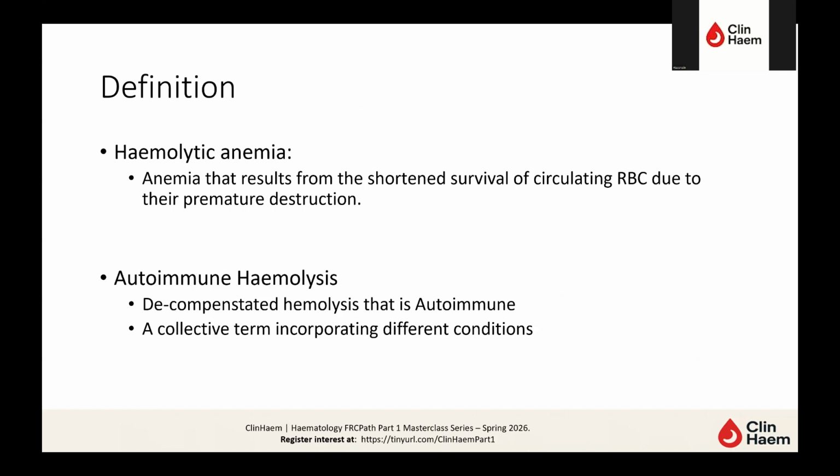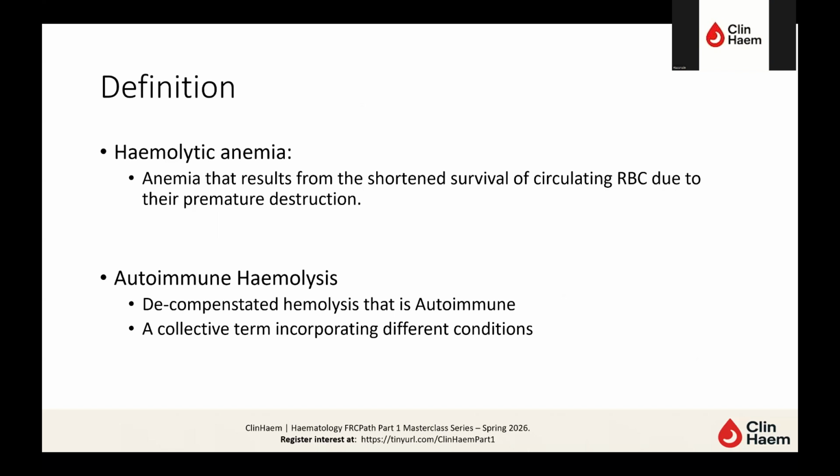Autoimmune hemolysis is, of course, decompensated hemolysis that is autoimmune. The body would develop an autoimmune response against one or more of the antigens present on the red cell, and that would lead to production of autoantibodies, which would clear these cells, causing breakdown either extravascularly in the liver or the spleen, or intravascularly within the vessel itself.